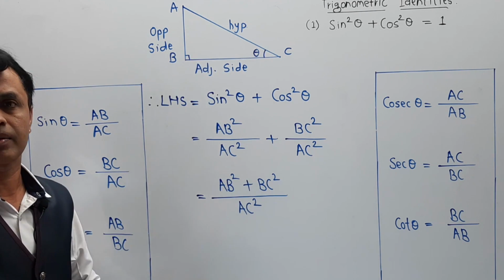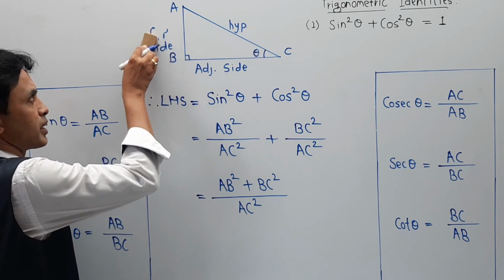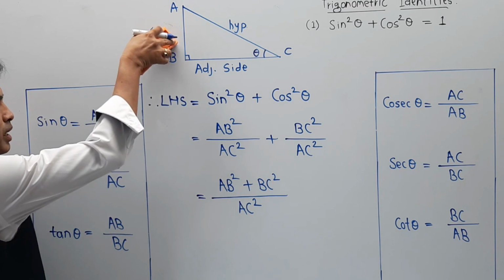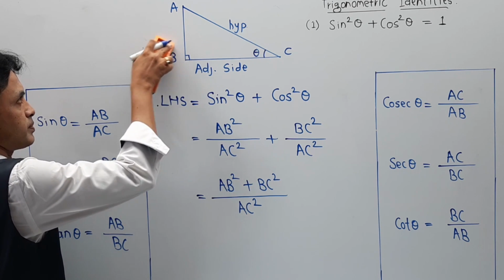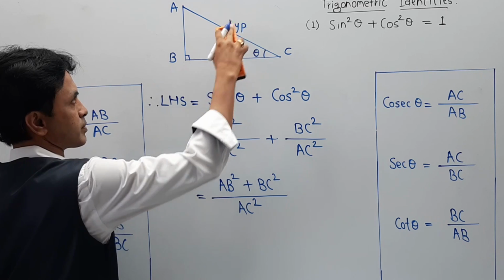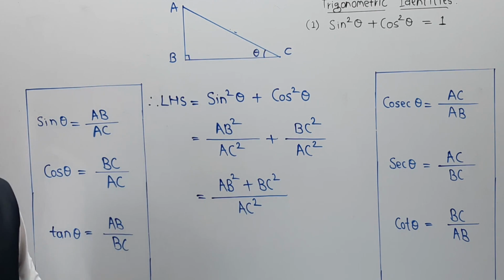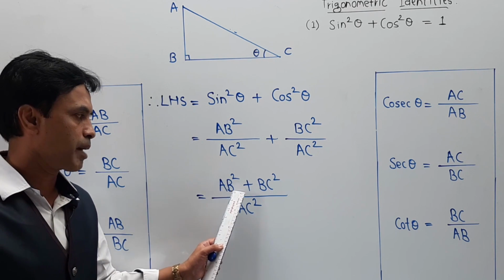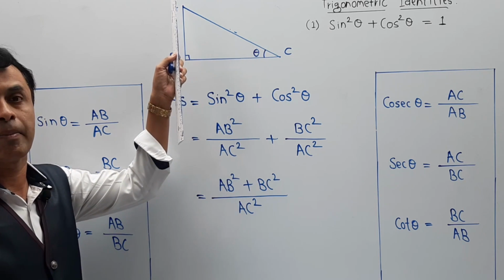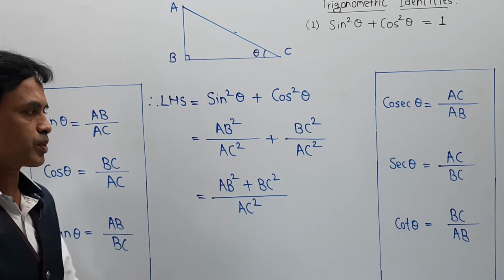If you observe this diagram, I am going to remove the additional part so that your total focus goes to the respective triangle. As per your triangle, you very well know that by Pythagoras theorem, AB square plus BC square is equal to AC square.